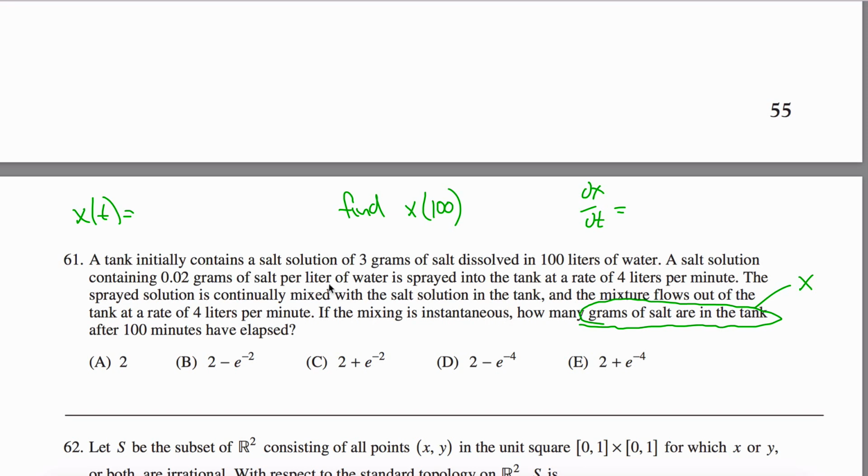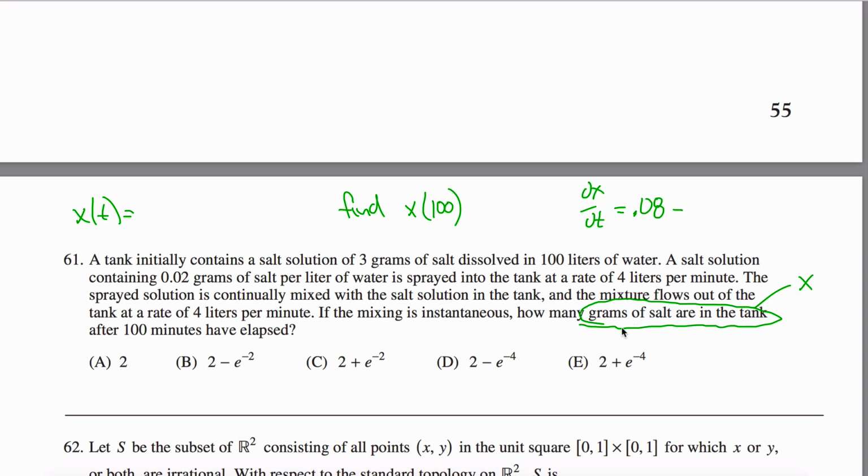So what's coming in is salt solution containing 0.02 grams of salt per liter, sprayed into the tank at a rate of 4 liters per minute. So in terms of the amount of salt, I have 0.02 times 4. I get 0.08 grams of salt every minute coming into this thing.